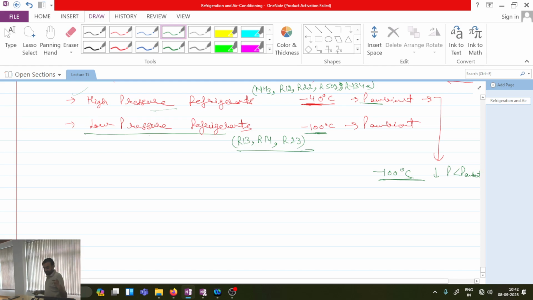So what we can do: in the multi-stage compression systems, we were having high pressure and low pressure compressors, but the working fluid in both the compressors was the same.